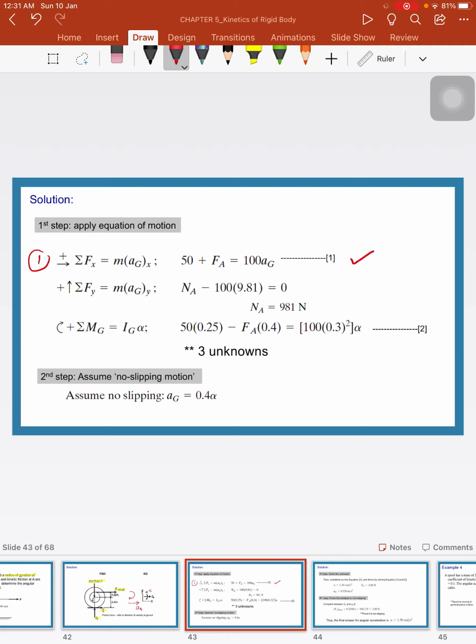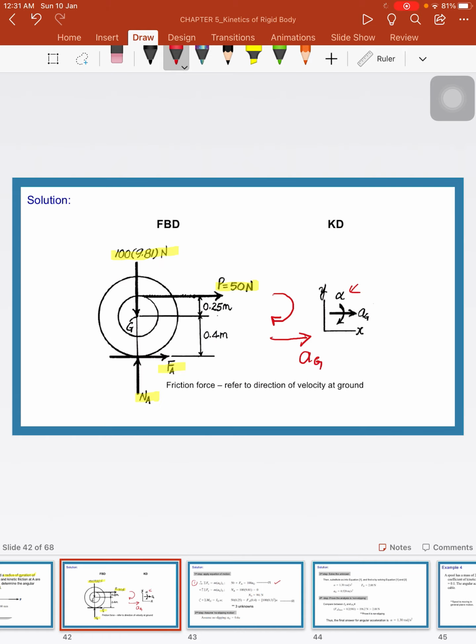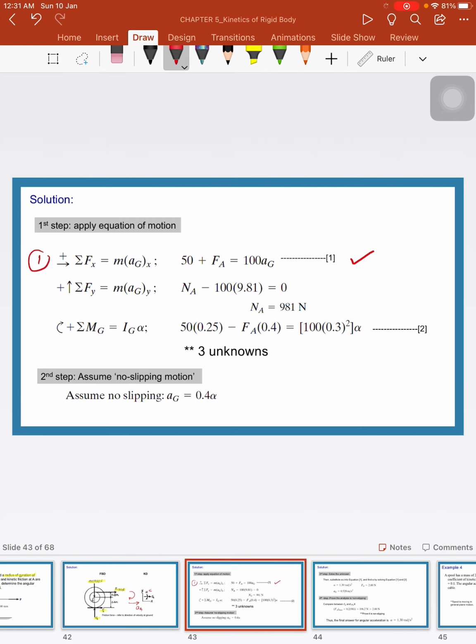Next, summation of forces in the Y axis. So NA minus 100 times 9.81 equal to 0. So you get NA equal to 981 Newton.